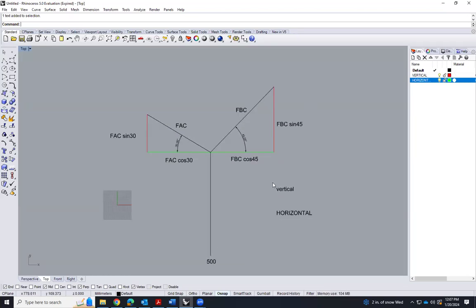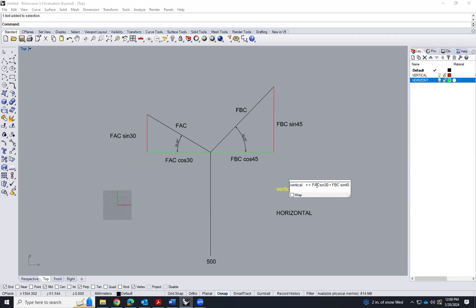So if we look at this, it's pretty straightforward. What is going down? 500. What is going up? FBC sine 45 plus FAC sine 30. So if we want to go to the vertical component, that will be FAC sine 30. What else goes up? FBC sine 45.